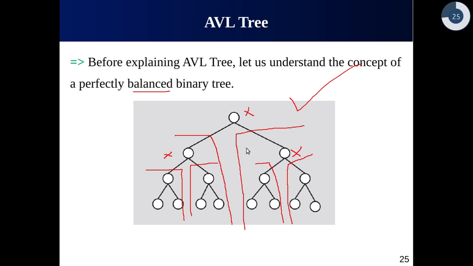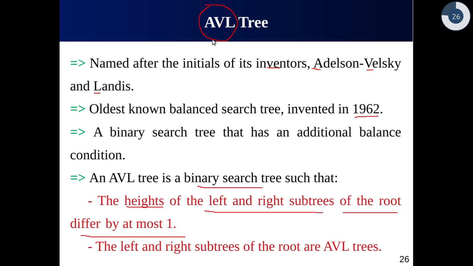Here we saw perfectly balanced binary tree where the height of the left subtree and right subtree were equal. But in case of AVL, the heights of the left and right subtrees need not be equal. However, if there is a difference of 1, then it doesn't matter. But greater than 1 is not acceptable.